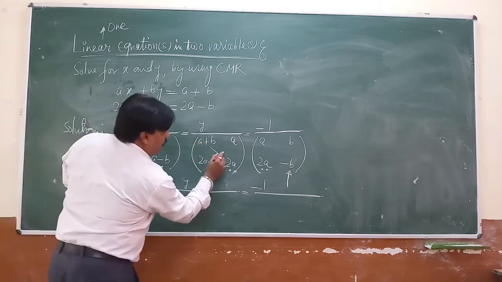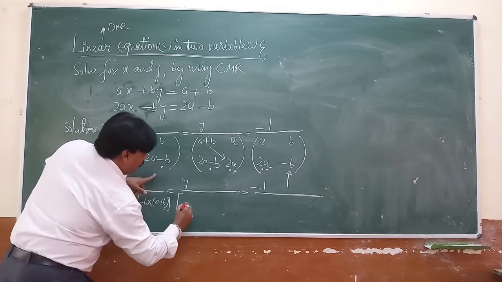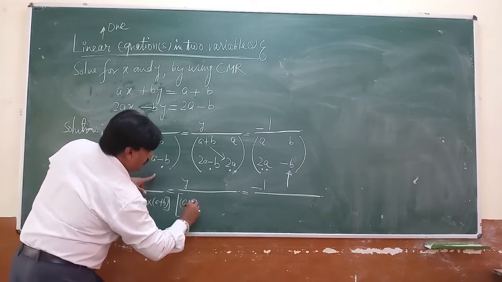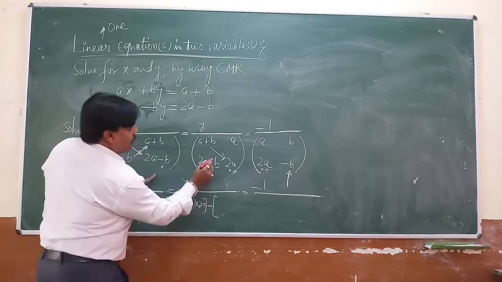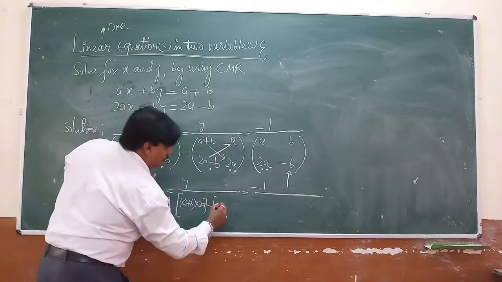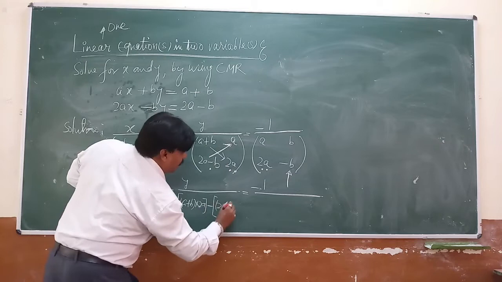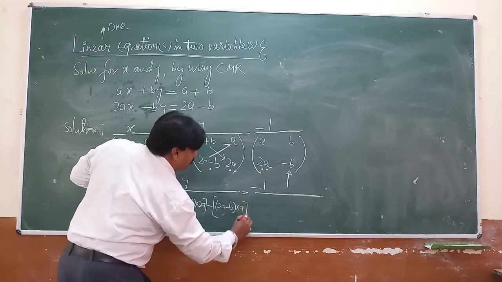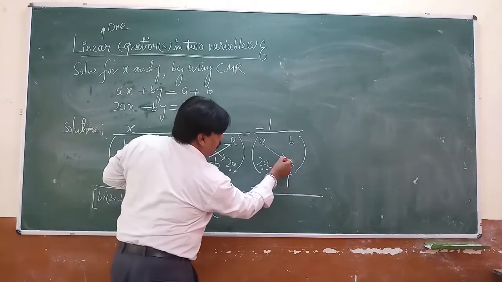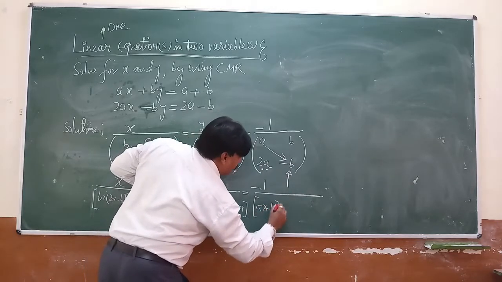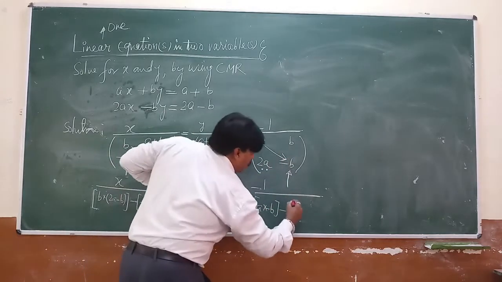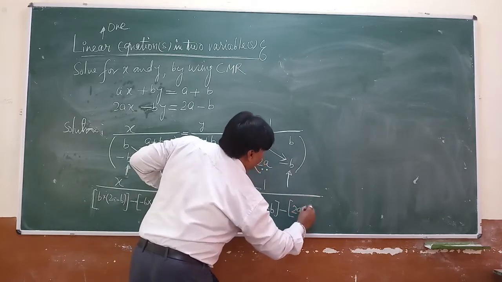Similarly here, up to down, a plus b is multiplied by 2a minus b, and down to up, 2a minus b into a. Now here, up to down, a into minus b minus 2a into b.